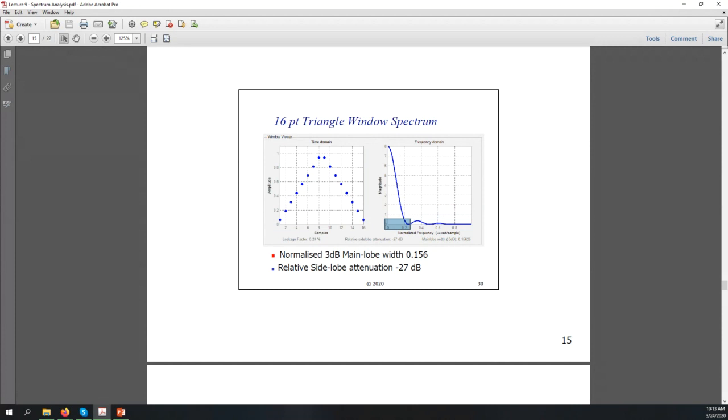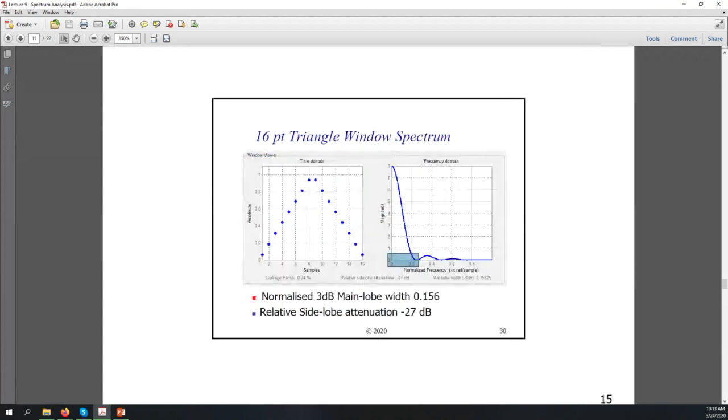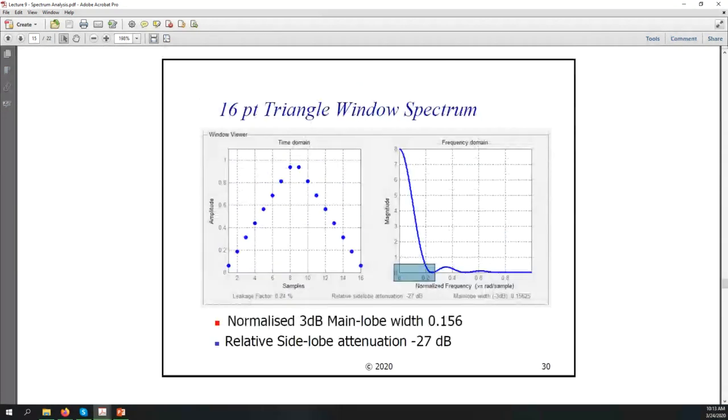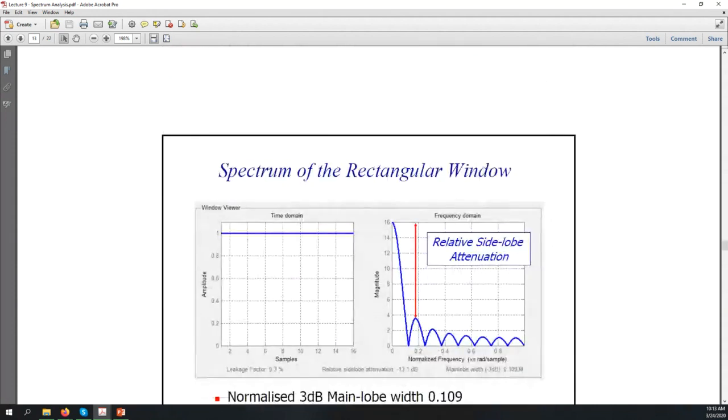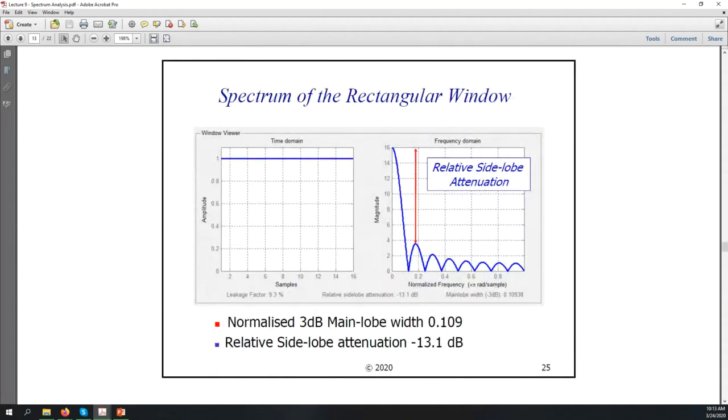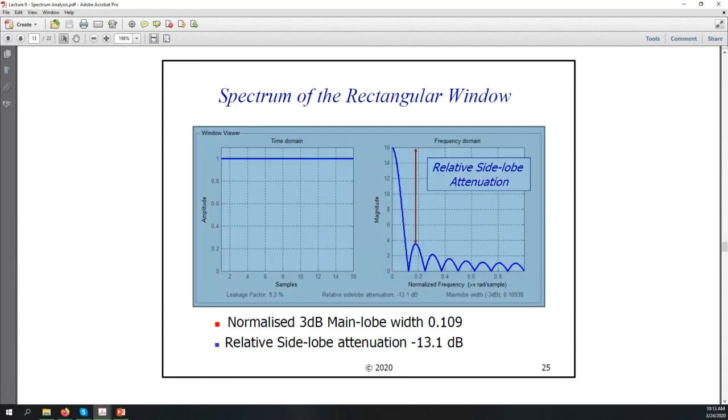So the main lobe width that we see here, going from 0 to 0.2, is a result of the wider base width for the triangular window. If we go back to the rectangular window, because the width at the base is smaller, the main lobe width is also going to be smaller.